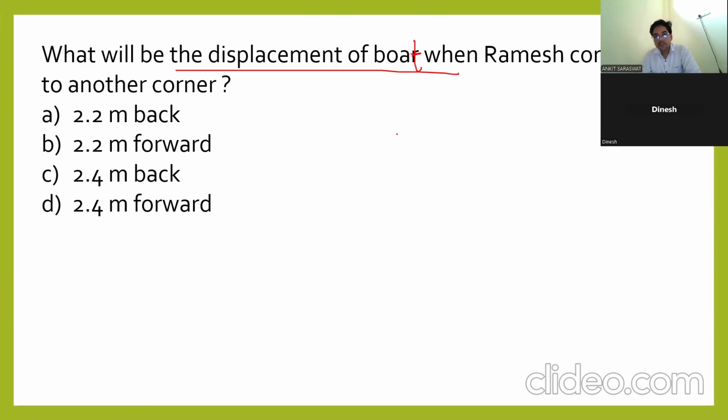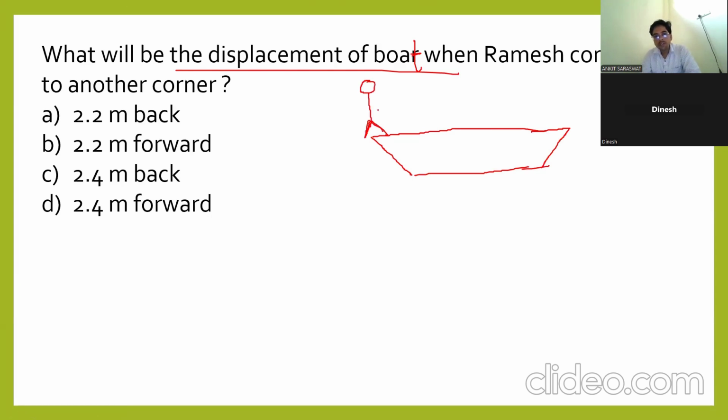This is the boat, and this boat is in the river. And here one person is standing. This is Ramesh.